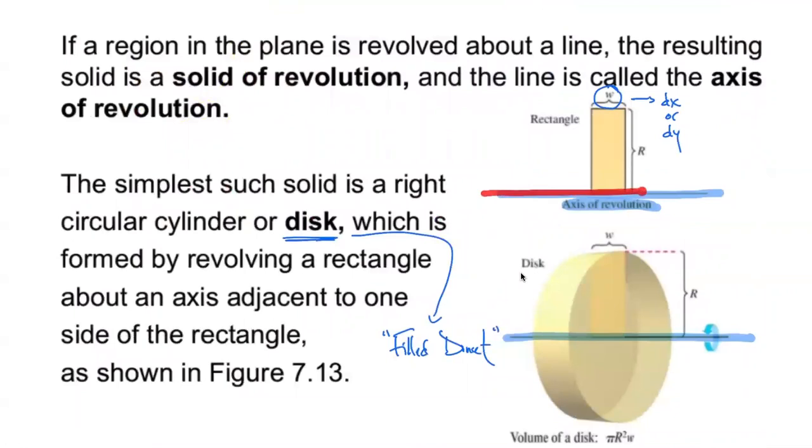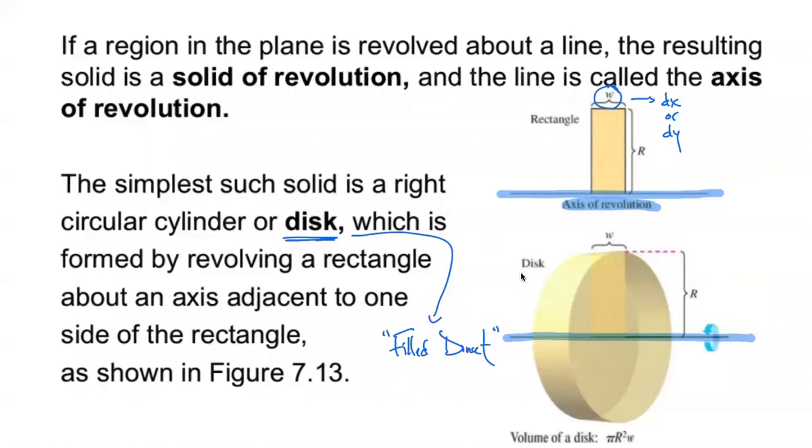And so they have this axis of revolution, and we take one of our rectangles from our area, and we spin this rectangle around the axis of revolution, and we see that it becomes a disk. In this case, we do have a filled donut situation because this radius goes all the way down to the axis of revolution. Okay.